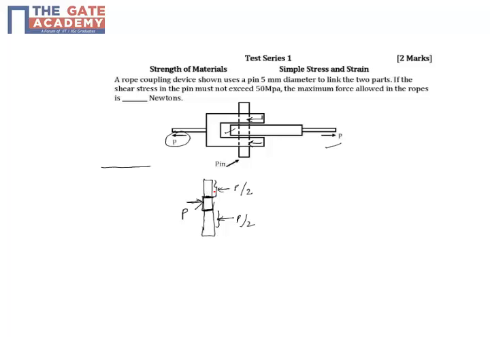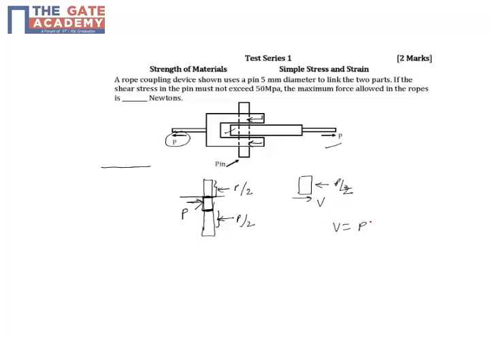Now we need to find out the stress at this plane. If you take a section here and consider only the top part, this is P by 2, and obviously the shear force here will be V, which is P by 2.